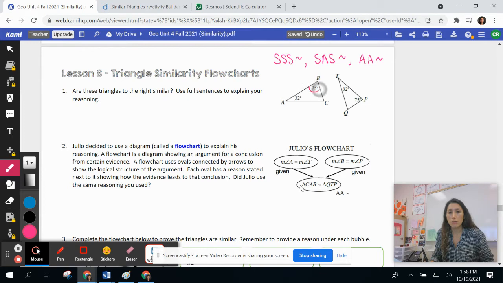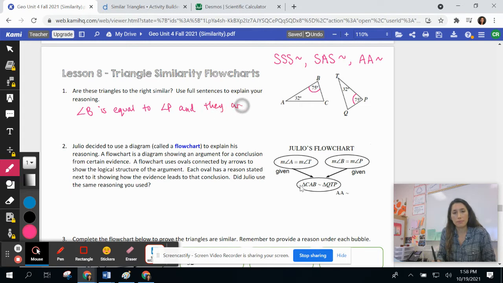So I'm going to mark angle B, which is 75, and it's equal to angle P. So we could say angle B is equal to angle P, and they are both 75.